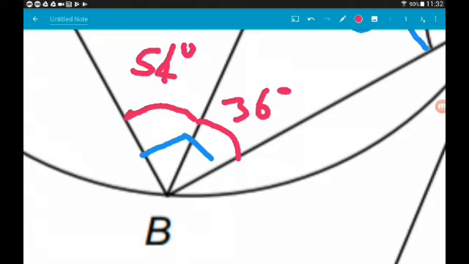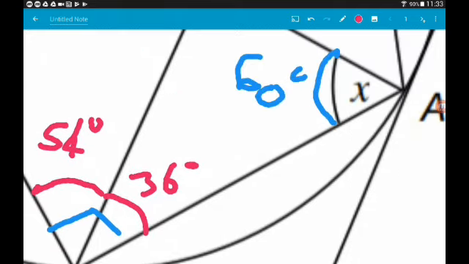Now, it's at this point where we could just use one more theorem and get our angle of y without any more calculations. I'm going to come back once I've done it the first way and then show you how we could have done it from this point.